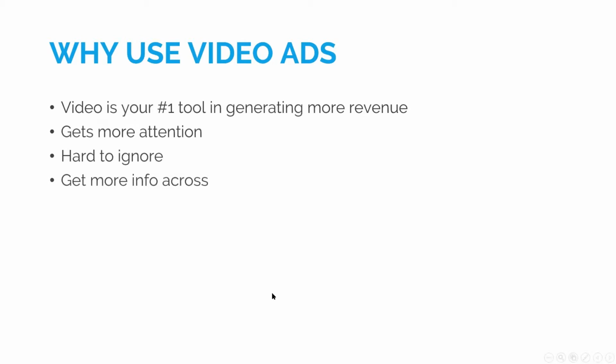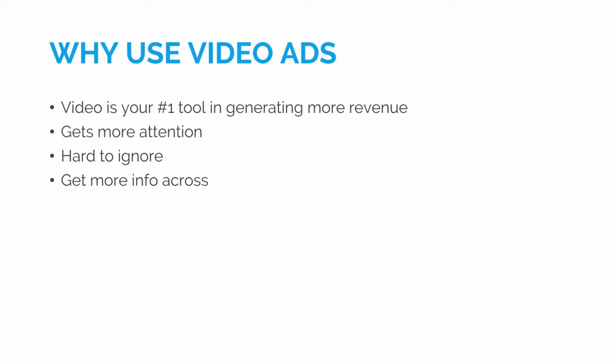One of those reasons is physiological: the human eye is more drawn to movement than static objects. And that movement, when you scroll through your feed or when you encounter it on a website, just draws you and pulls you in. That's why video is such a great medium to draw attention.